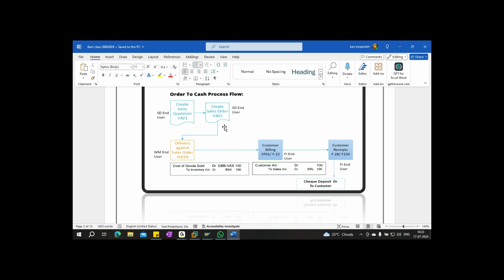Yes, SD-FI integration. And delivery against sales order.